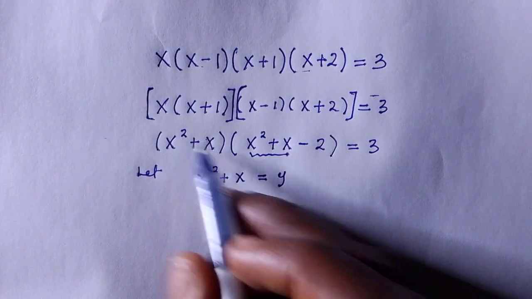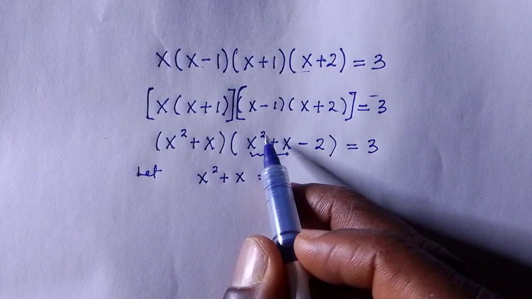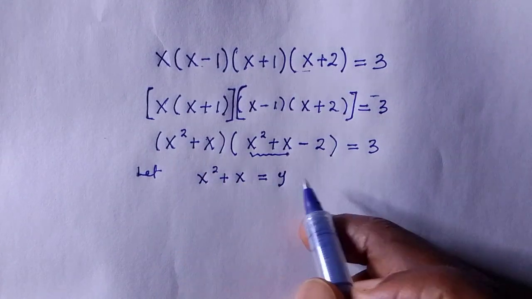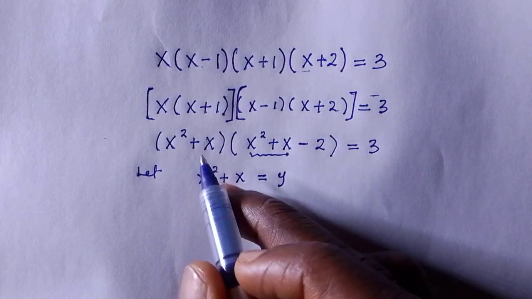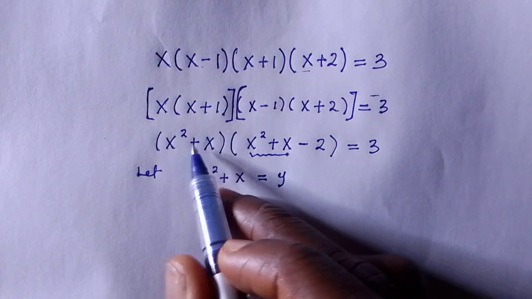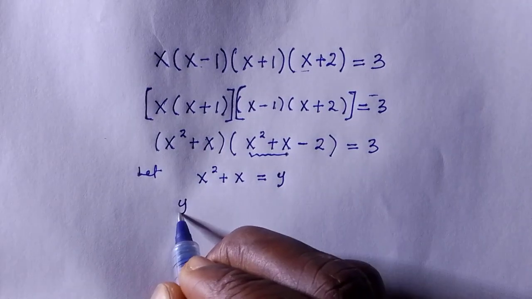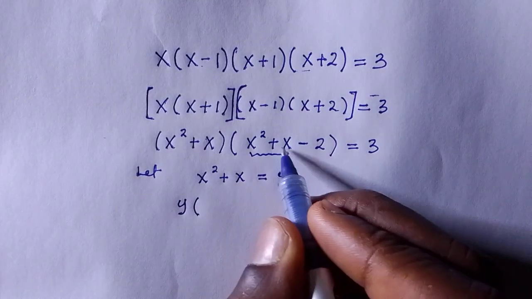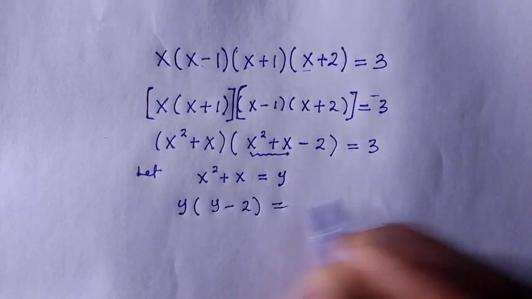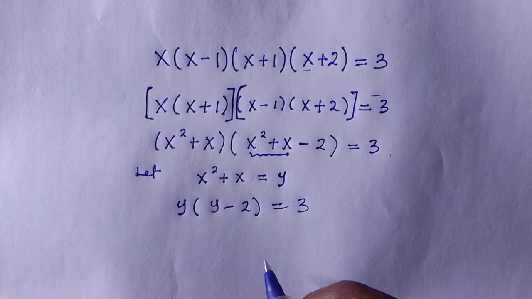Here is x to the power of 2 and here is x to the power of 2, so when we multiply this out, we get x to the power of 4. That is, we get 4 answers. To make the answer easy, we let this be another variable. Then this one becomes y, and the whole of this becomes y(y - 2) = 3.